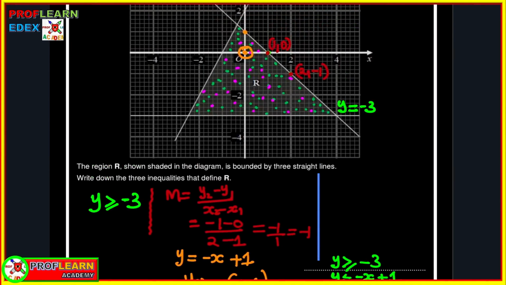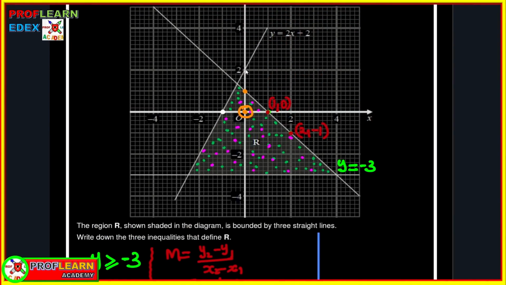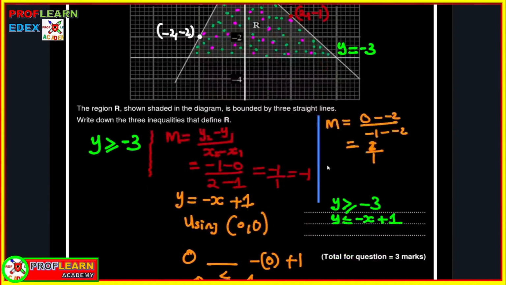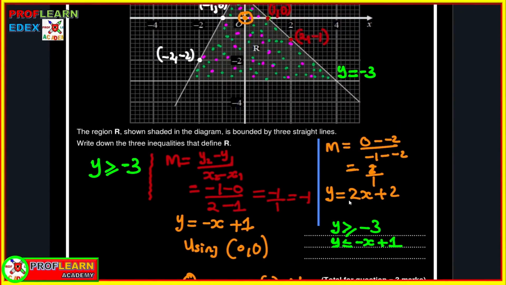Now we need to find this other one. We need to find the gradient of this line. We can select points and work out the gradient, which is 2. Since the line passes through the y-axis at 2, the equation becomes y equals 2x plus 2.